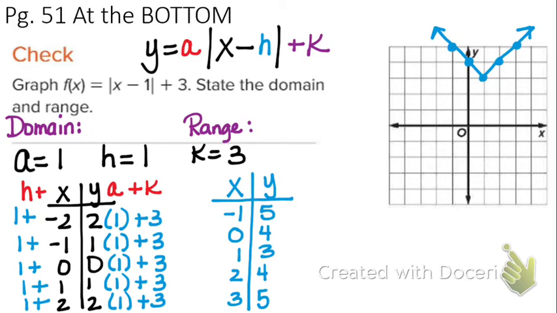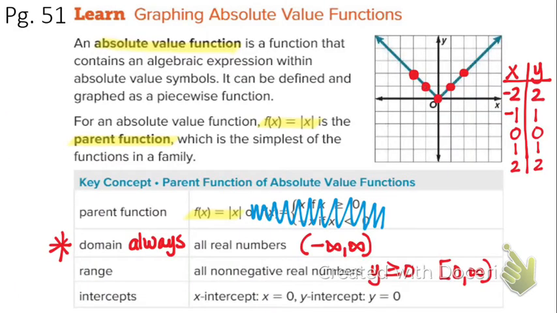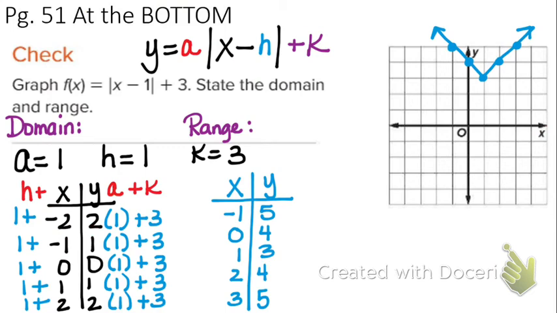So the domain, going back to what we said at the beginning, that's pretty easy because this is always going to be your domain. Your domain for every absolute value is negative infinity to infinity. So let's go ahead and fill that in.